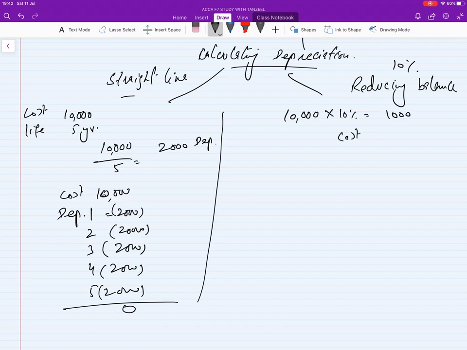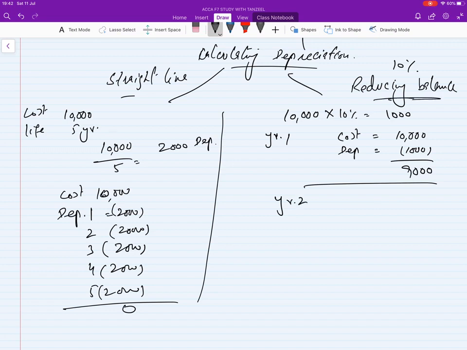So the cost was 10,000 at year 1, depreciation was 1,000, and you have 9,000 for year 2. In year 2, as per the reducing balance, take 10% on 9,000, it is 900.